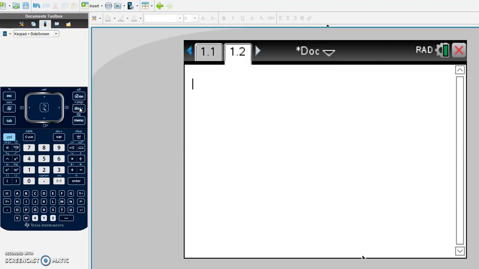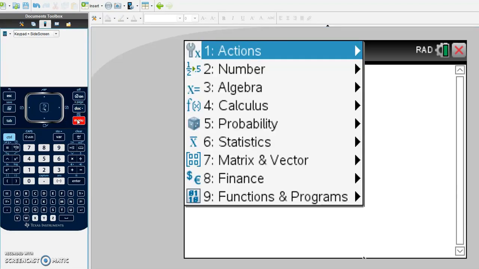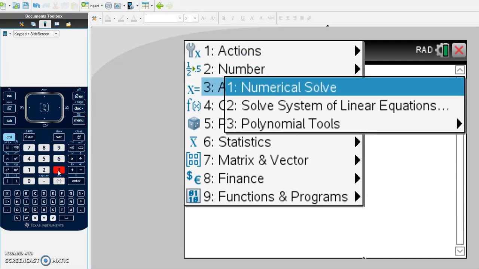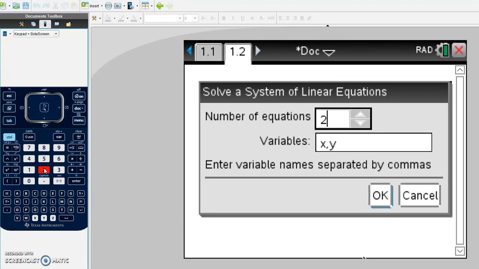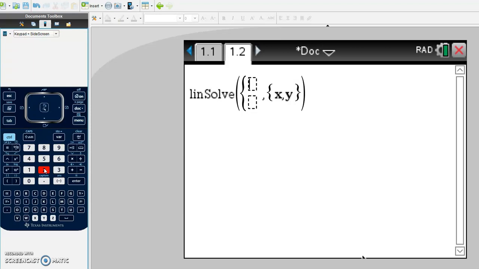And then on here, I'm not going to do the numerical solve, but I'm going to do the linear solve. So if I go to menu and then 3, and instead of number 1 for numerical solve, I want number 2 for solve systems of linear equations. So number 2. And then I check to make sure my variables are x and y, which they are, so I can just hit OK. And then I type in my first equation, which is 2x plus 5y equals 26.